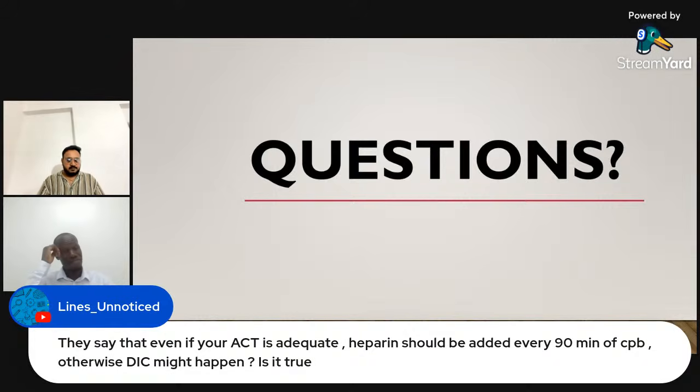We have one more question. Even if your ACT is adequate, heparin should be added every 90 minutes of CPB, otherwise clotting might happen.